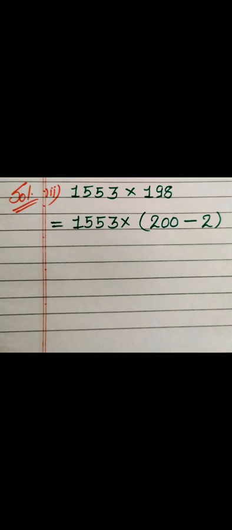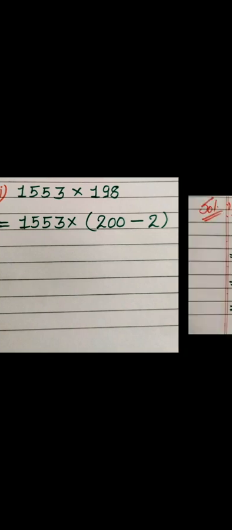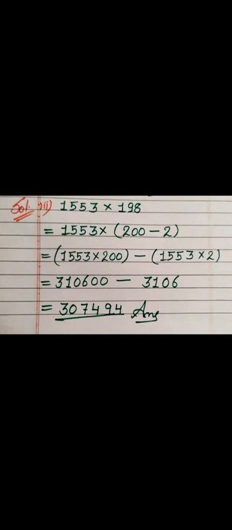Now here we will apply the distributive law of multiplication over subtraction. How? Listen, first this 1553 will multiply by 200, then 1553 will multiply by 2. Then after multiplication and then subtraction, we will get the result.